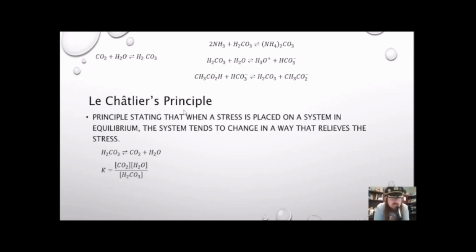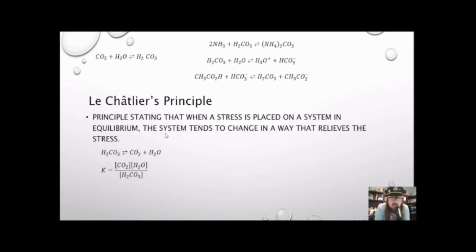All equilibrium situations are subject to Le Chatelier's principle. Le Chatelier's principle simply states that when stress is placed on a system in equilibrium, the system tends to change in a way to relieve that stress.